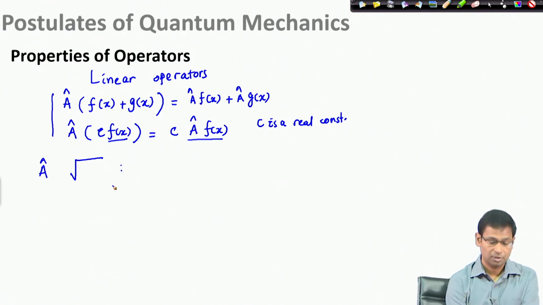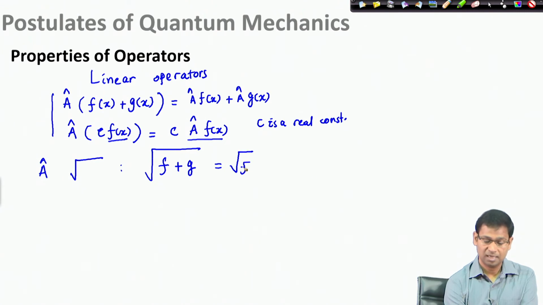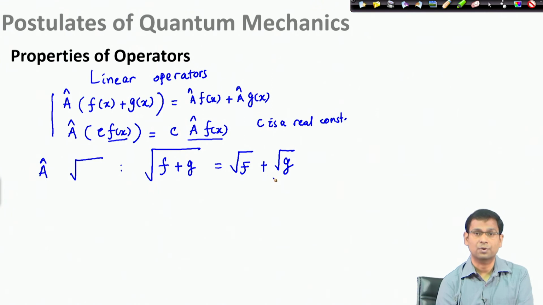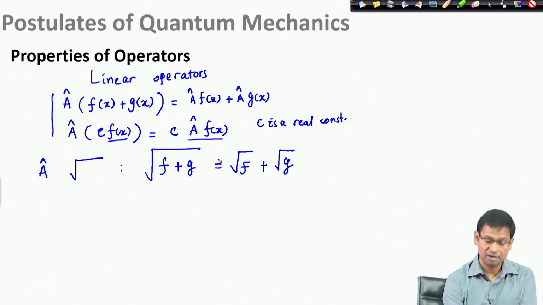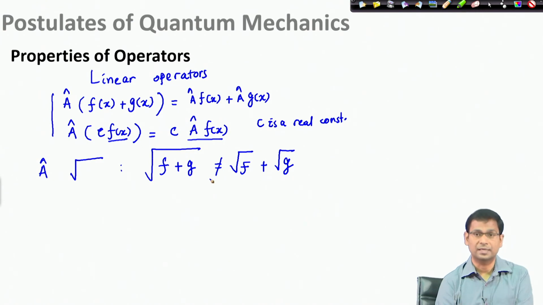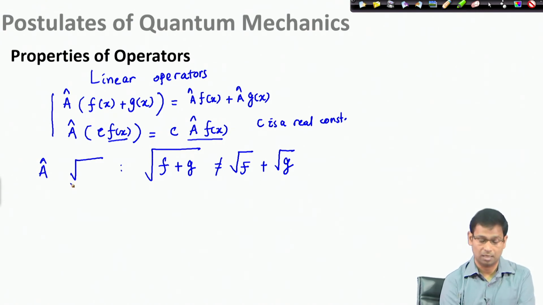Let us find out. Suppose I have f and g as two functions and I am taking the square root of them. The left hand side would be the square root of f plus g, and the right hand side would be square root of f plus square root of g. This is not correct. So, I have this inequality and therefore, the square root operator is not a linear operator.